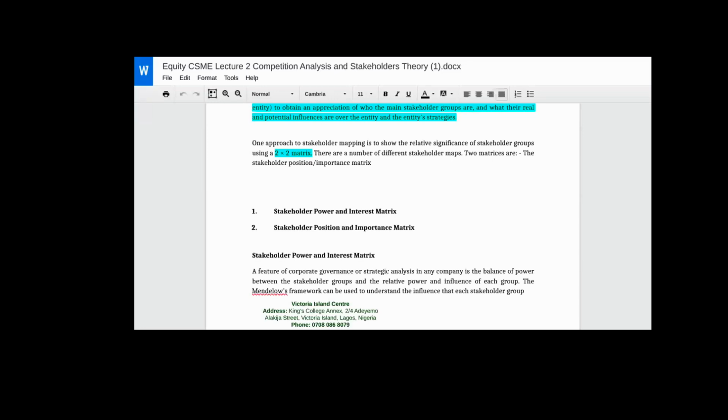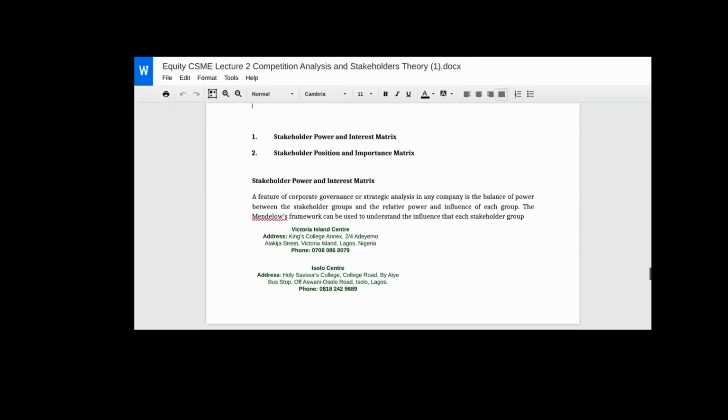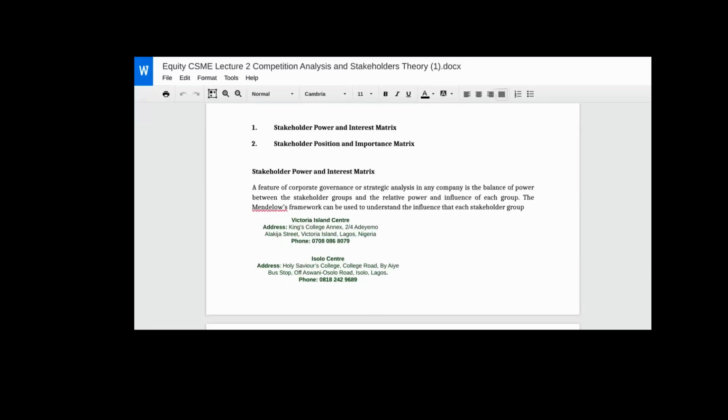And we can never know, maybe this side they can just mention it, but it has been stated categorically in the syllabus that you should know the stakeholders power and interest matrix. The question is coming this side, that it should be number one. And no knowledge is wasted. That is the very reason why I put the stakeholders position and importance matrix, so it won't be strange to you when you see it again.